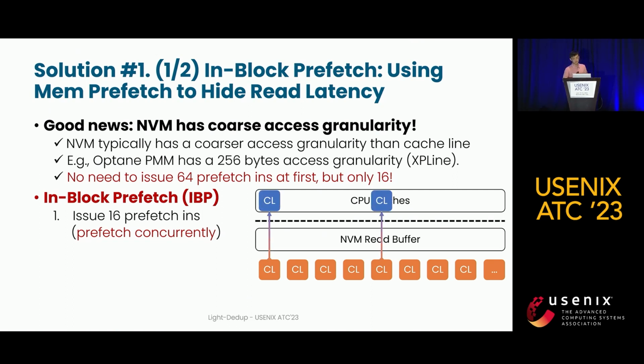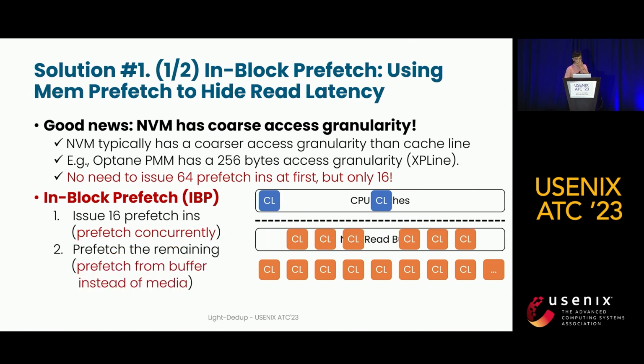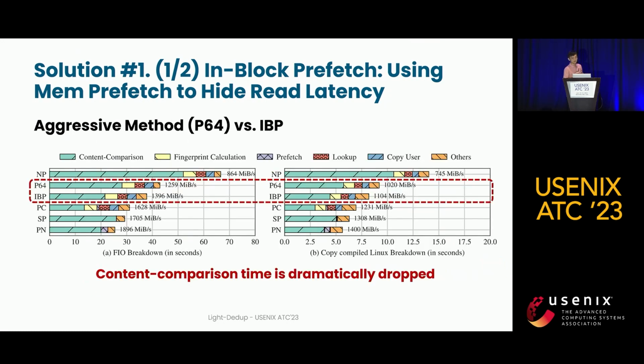Then, the remaining data can be automatically loaded by NVM. After the stride prefetch, IBP further prefetches the remaining cache lines that reside in the NVM read buffer. At this time, the prefetch speed can be much faster than directly loading from the media. Compared with the aggressive method, IBP can exploit NVM I/O parallelism better.